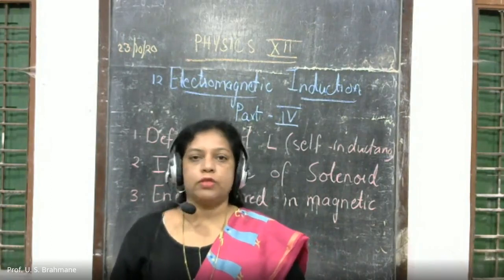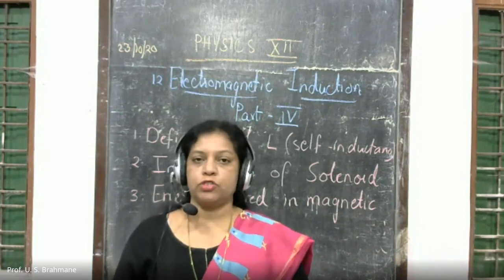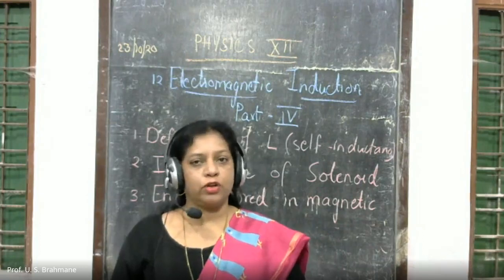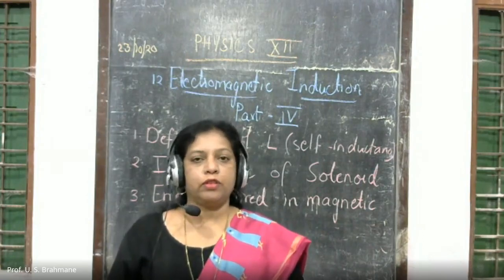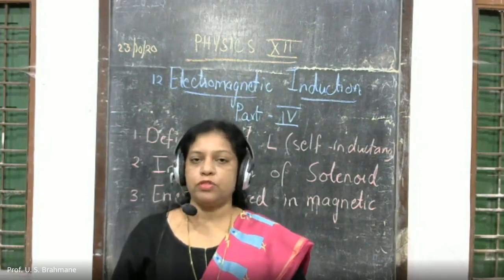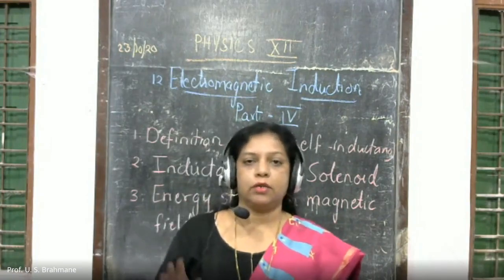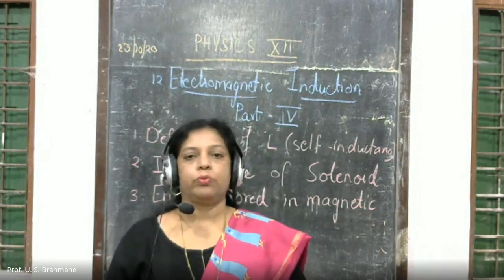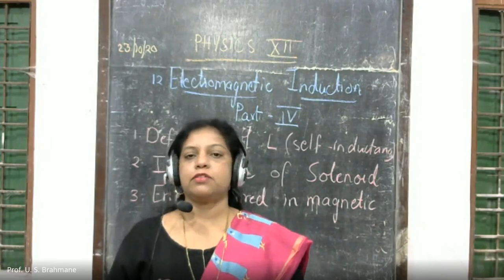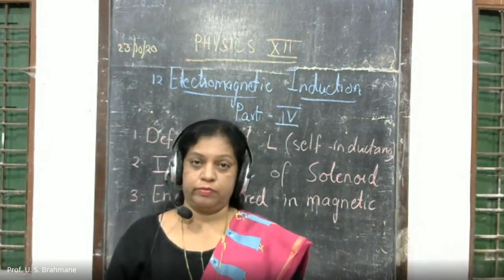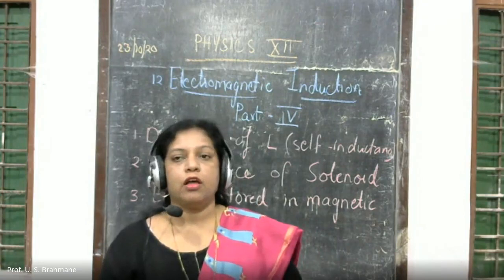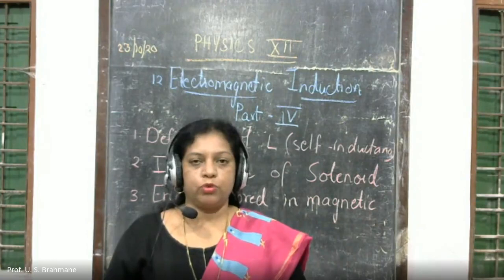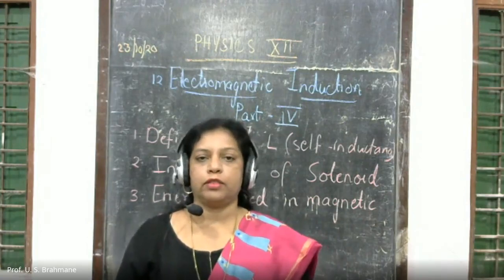Then we saw the same principle applies to eddy currents. So what are eddy currents? Instead of a loop, we have a conducting plate. If the conductor is placed in a uniform or changing magnetic field, there is a relative motion between the magnetic field and the conductor.